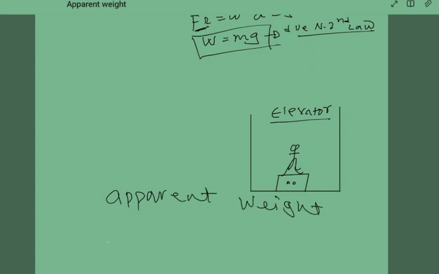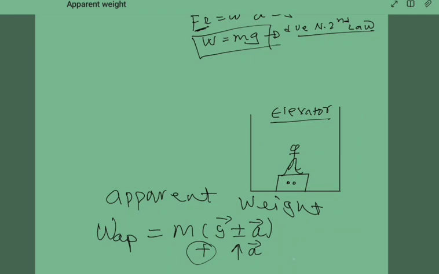The apparent weight is very simply given. W apparent is equal to the weight, the mass times the acceleration due to gravity, plus or minus the acceleration of the elevator. You add when the elevator is accelerating upward, and you subtract when the acceleration is downward.